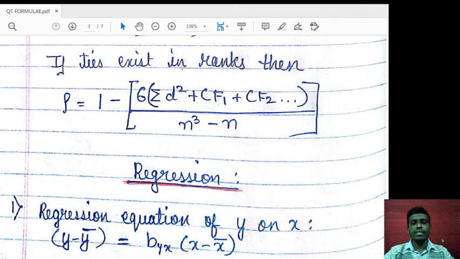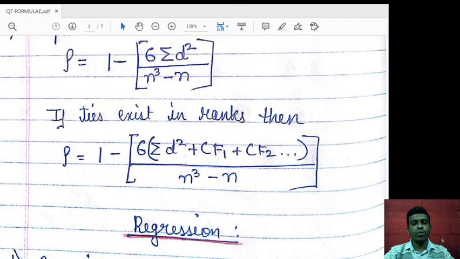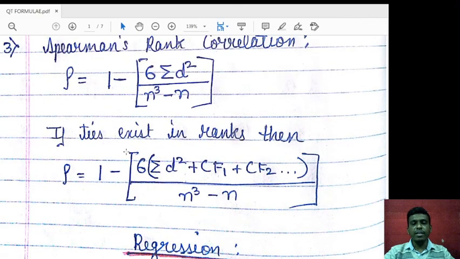If ties exist in ranks, then we use rho equal to 1 minus 6 multiplied by summation d square. It is a similar formula, we have 1 minus, in brackets, 6 multiplied by something. This needs some correction because there will be ties.